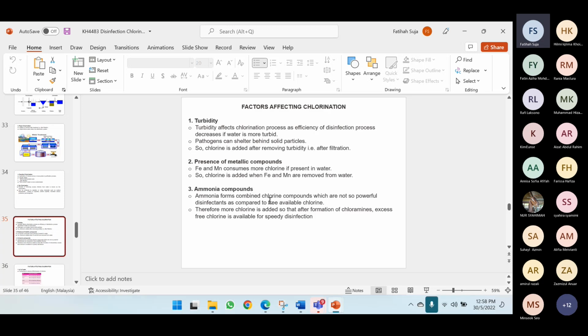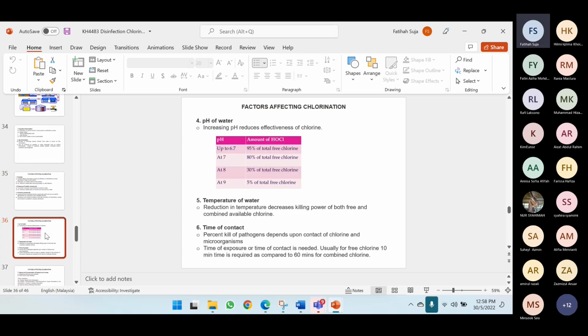Ammonia forms combined chlorine which is not as powerful a disinfectant as compared to free available chlorine. Therefore, more chlorine is added so that after formation of chloramines, excess free chlorine is available for speedy disinfection. Okay, pH of water also affects the chlorination. You can have free chlorine if the pH of the system is up to 6.7.